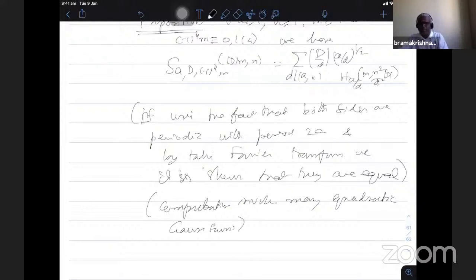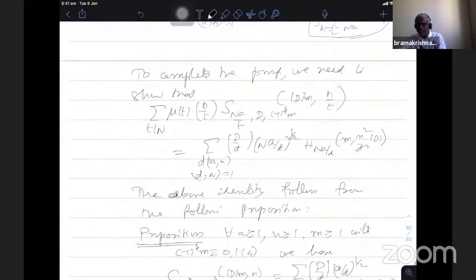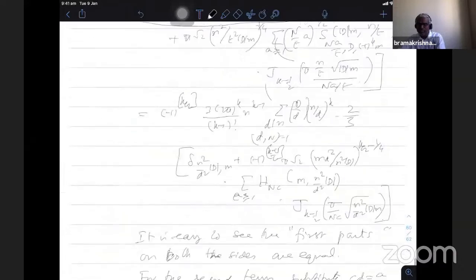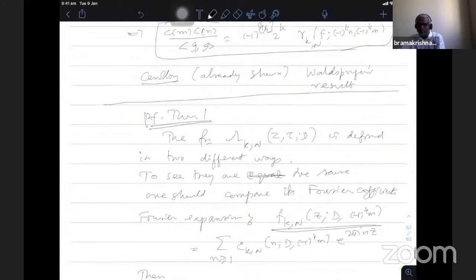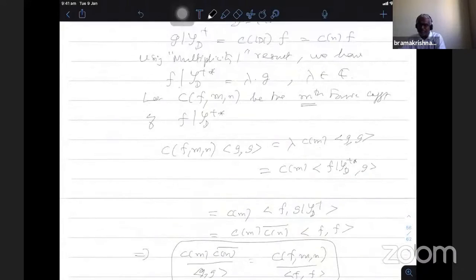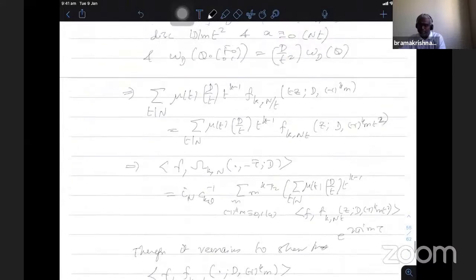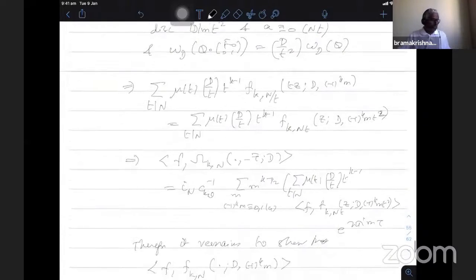So by observing that, we finally prove this. This is the main proposition to prove that one. So once we prove this one, along with the Fourier expansions, we get Theorem 1. Theorem 1 is that we write the kernel function for both the liftings, so that I can get the Shintani lifting also using this kernel function. Okay.